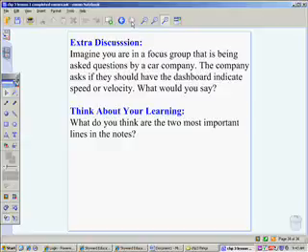Think about your learning. What do you think are the two most important lines in the notes? Before you go back and make indications of that, what I want you to do is to go to your unit organizer on the front of your packet, just inside the front cover, and look at the questions at the bottom. Those are the most important questions that you need to be able to answer in this chapter. Do any of these questions get answered in this lesson here?